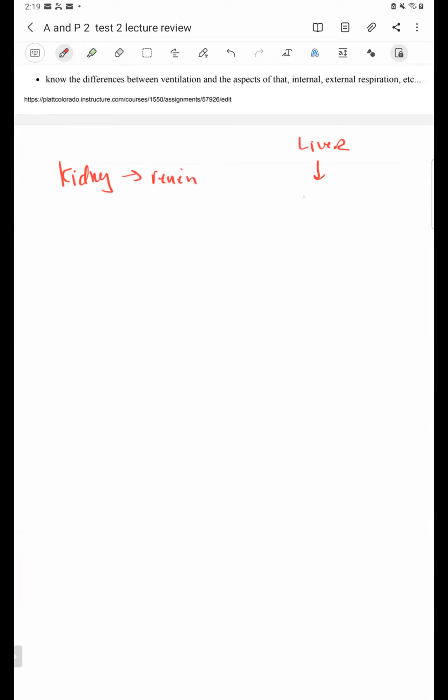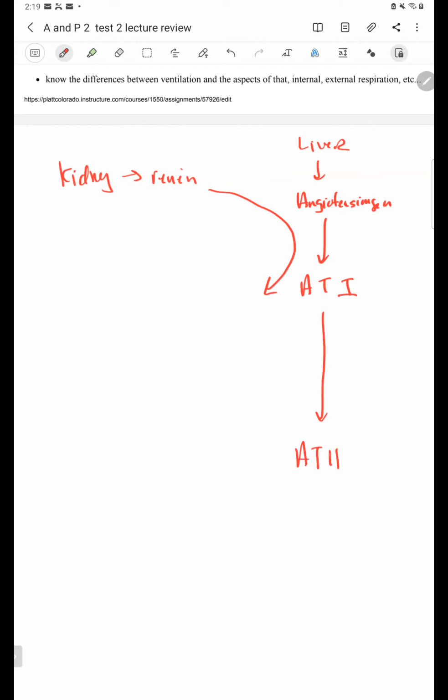And the liver releases the angiotensinogen that's converted into angiotensin 1 because of renin. Okay, angiotensin 1 is converted into angiotensin 2 because of the lungs and the ACE, so angiotensin converting enzyme.